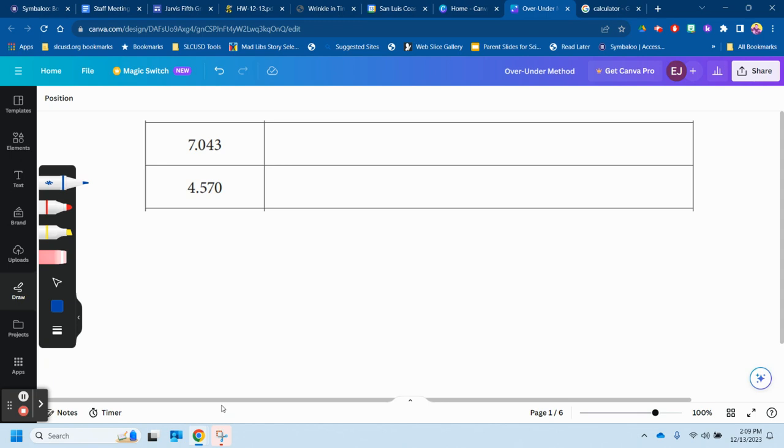So we did a review of just regular numbers without decimals. When we're using decimals on a number like 7 and 43 thousandths, we're going to write it as 7 times 1, the ones place.